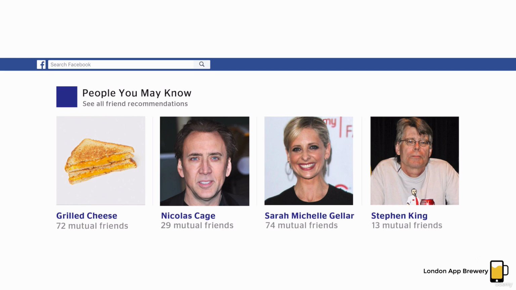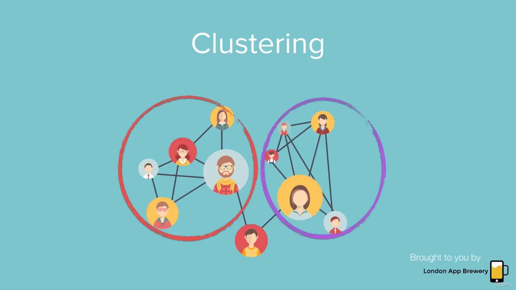So this is how it figures out some of those people who you might want to add as friends. Now, if you add more people as friends, then you have more interactions, you see more of their pictures, increasing engagement on Facebook, and there we go, job done, using machine learning. So this is called clustering, and it is a type of unsupervised machine learning.